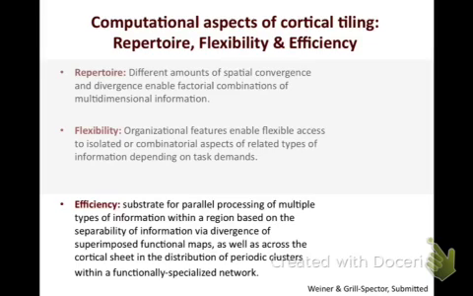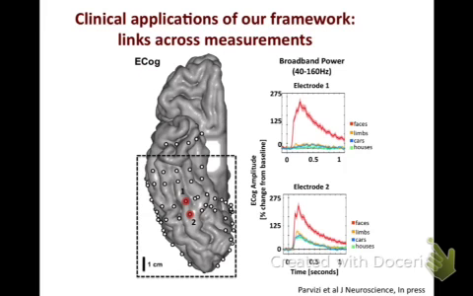So not only do we understand this organization much better, but because now we have a model that is applicable at the single subject level, this has a lot of clinical application.